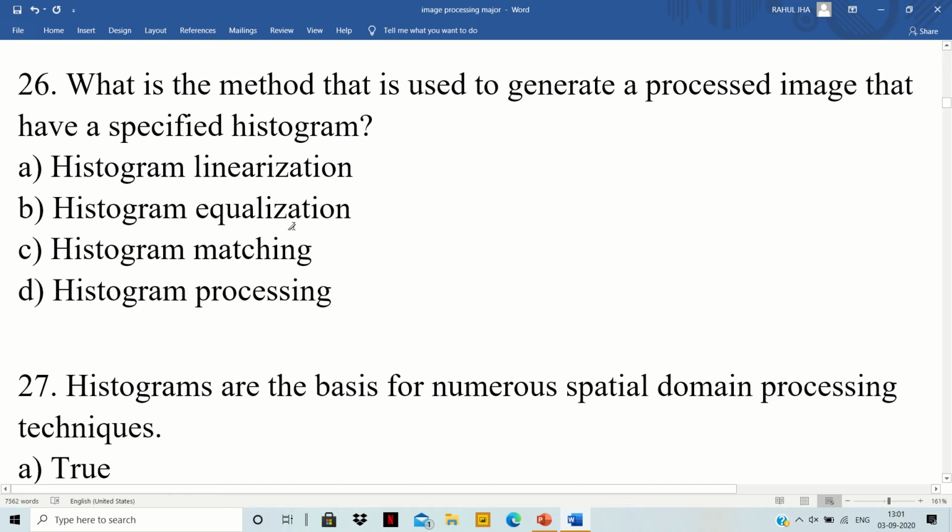Our options are, option A is histogram linearization, option B is histogram equalization, option C is histogram matching, and option D is histogram processing. So the right answer will be C, which is histogram matching. We use histogram matching for generating a processed image, and that image will have a specified histogram also.